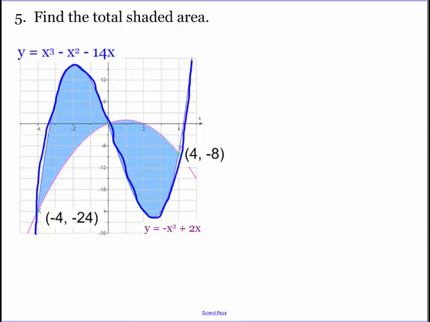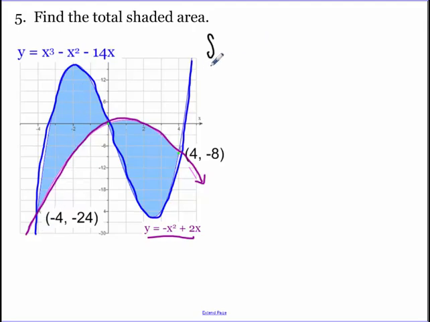And then the other function I'm going to put in purple is this function. When I'm taking the integral, I have to split it up into two areas because the function that's above and the function that's below changes.